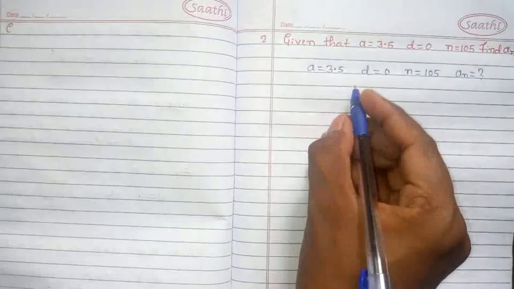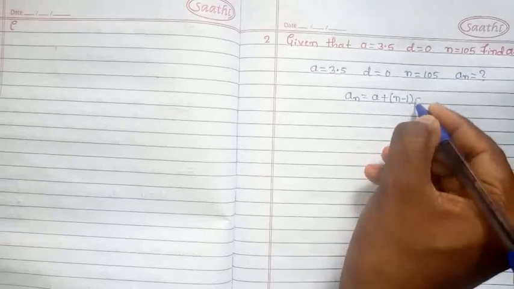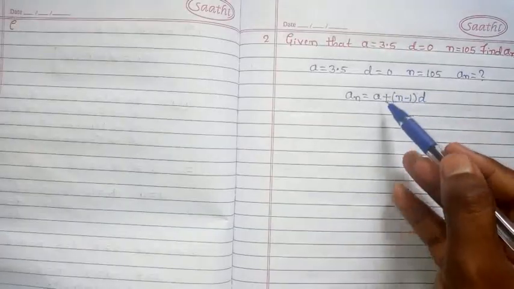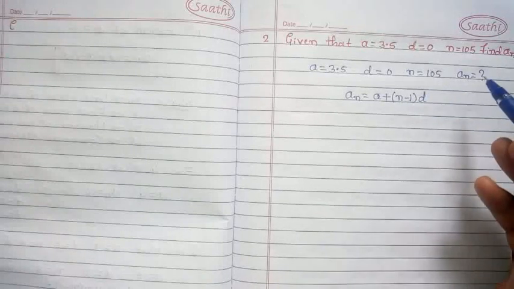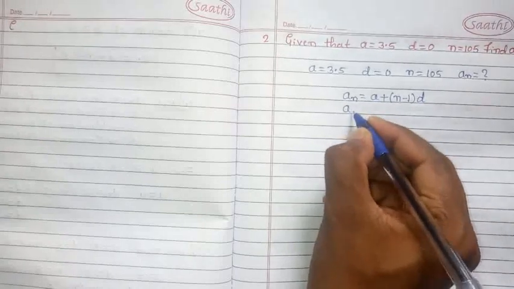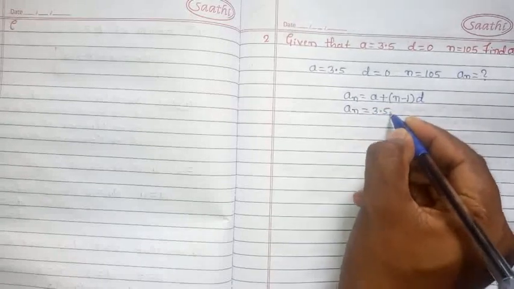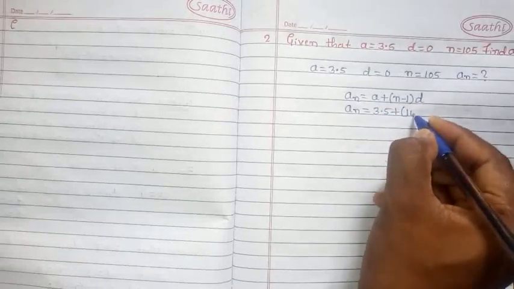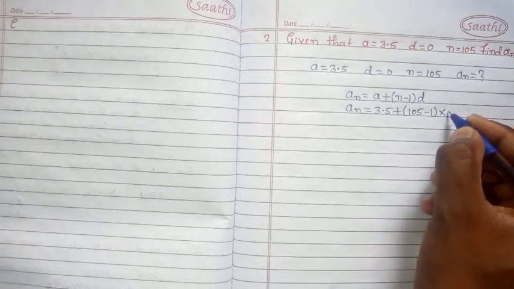Here we know the formula, that is an is equal to a plus n minus 1 into d. We know the values of a, n and d, so by using these values we have to find the value of an. Here an we don't know, so an is equal to the value of a, 3.5, plus the value of n, 105, minus 1, into the value of d, 0.